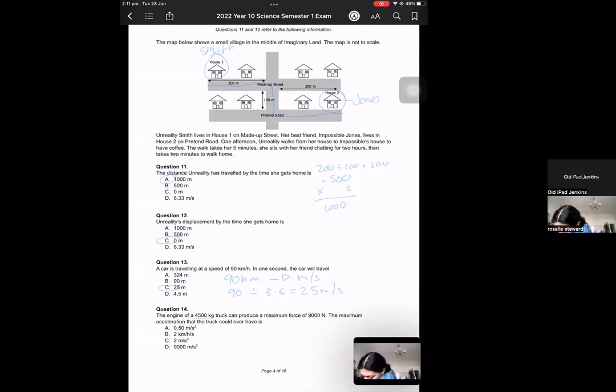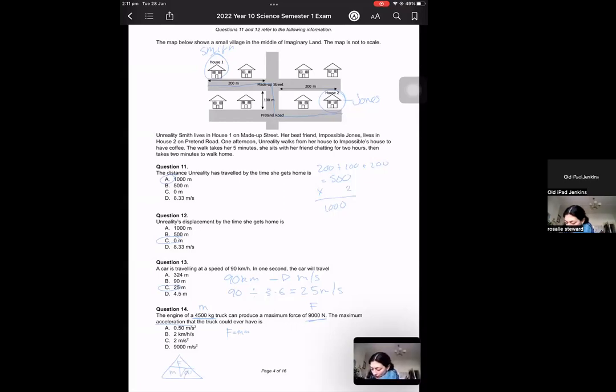Okay, now the engine of this has a force. So straight away with my question, what I like to do is underline my things. That's mass. The force that's produced is 9,000 newtons. That's big F. The maximum acceleration, okay, so we're trying to find acceleration. I go to my formula sheet and see what I have. The formula I know is force equals mass times acceleration, so let's do my little triangle here, force on top, mass times acceleration.